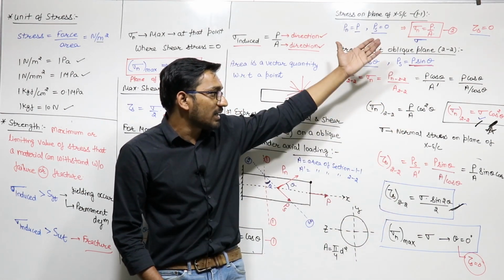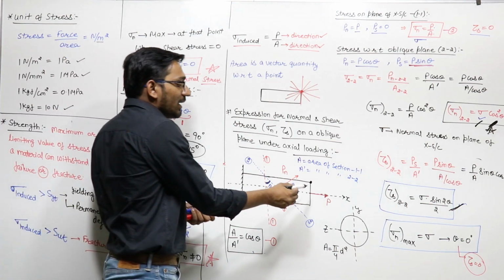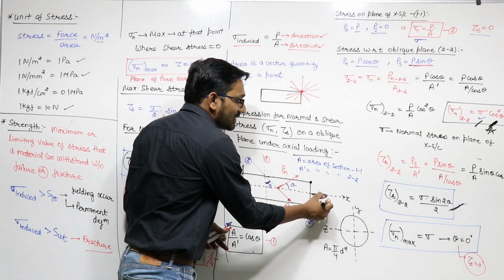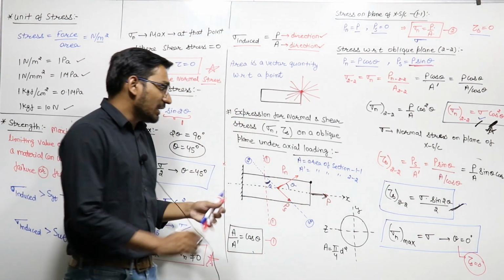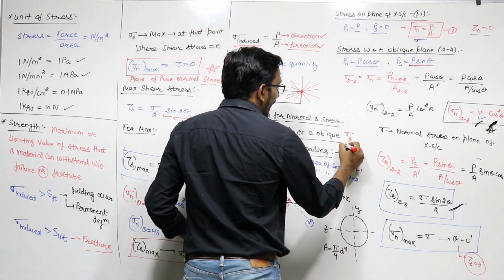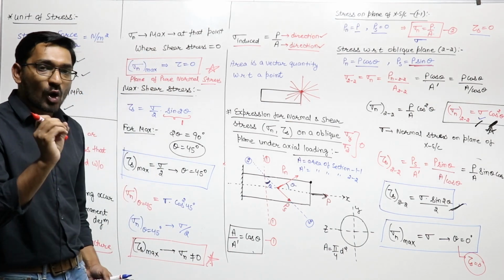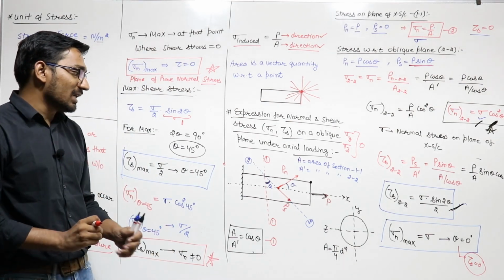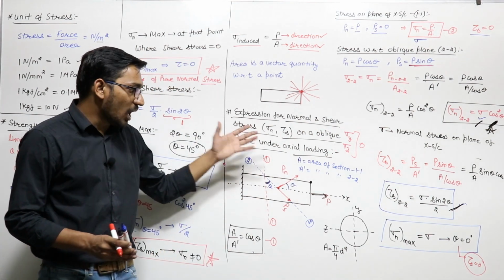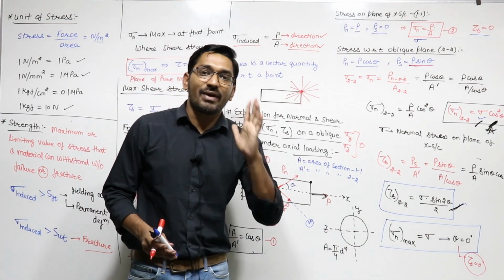These formulas are only valid for uniaxial loading. Only axial load is applied on one axis, that is x-axis. That means in this case your sigma y and sigma z both are 0. Only uniaxial condition is there, so it is only applicable for uniaxial state of axial loading.